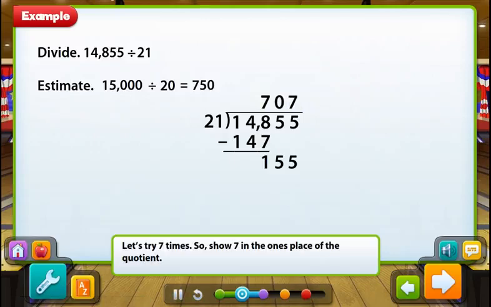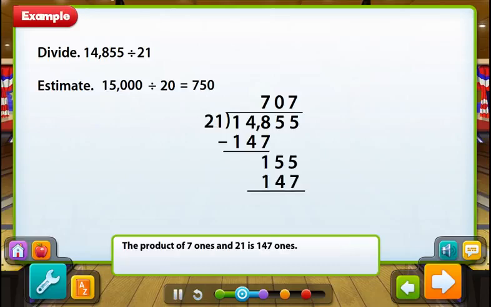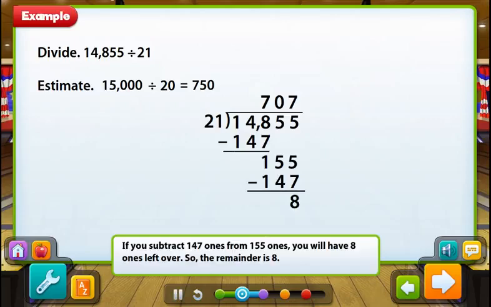Let's try 7 times. So show 7 in the ones place of the quotient. The product of 7 ones and 21 is 147 ones. If you subtract 147 ones from 155 ones, you will have 8 ones left over. So the remainder is 8.